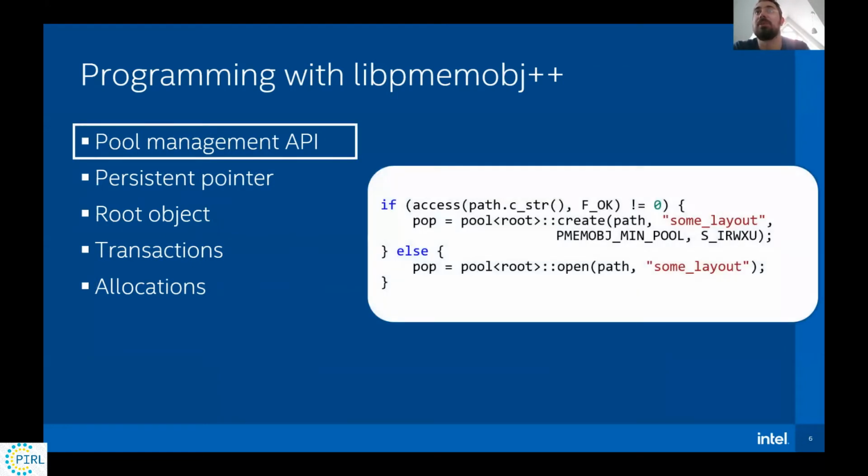I will start with the pool management API. Persistent memory is usually exposed by the OS through a DAX-enabled file system, and memory mapping is used to take advantage of the byte addressability of PMEM. However, mmap does not guarantee the address of the mapping, especially if address space layout randomization is enabled.